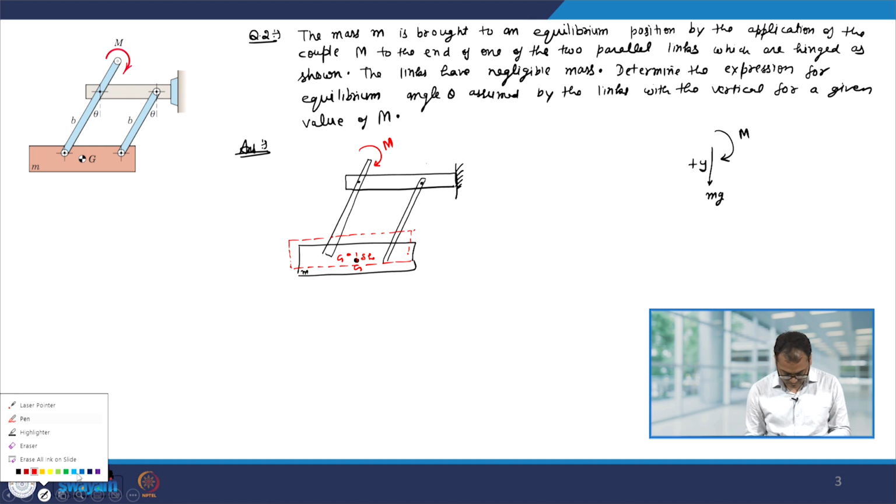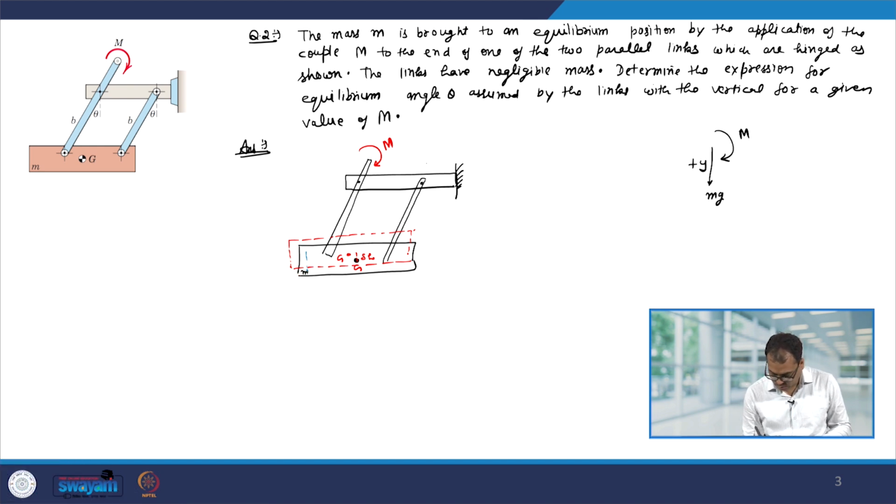So, because of that you can think of that this is going to go down. So, this angle is given theta, this angle is also theta.